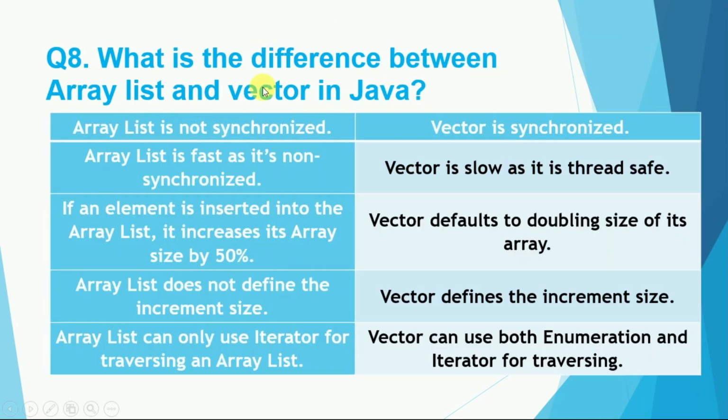So next is, what is the difference between ArrayList and Vector? The first difference is that ArrayList is not synchronized, whereas Vector is synchronized. Don't worry, we will discuss ArrayList and Vector in our next video, but you should know the difference for your interview.